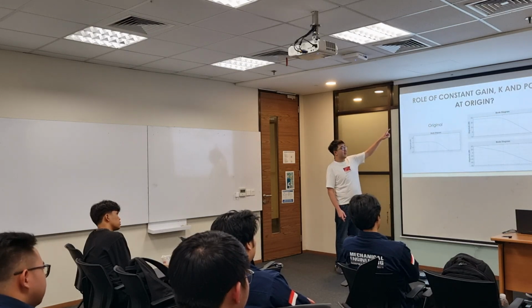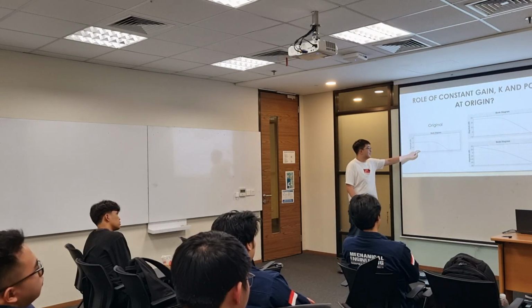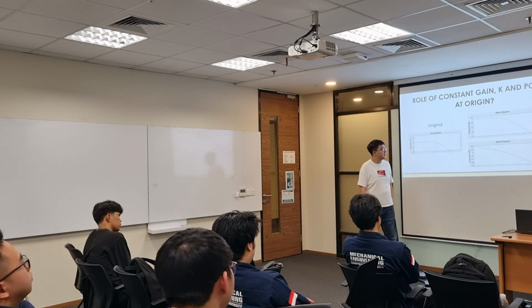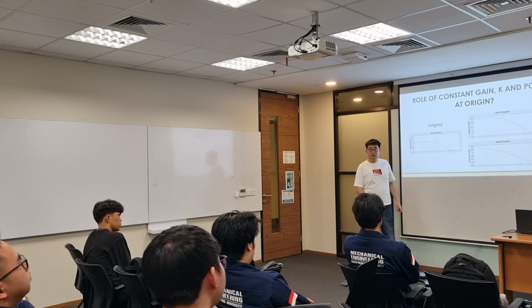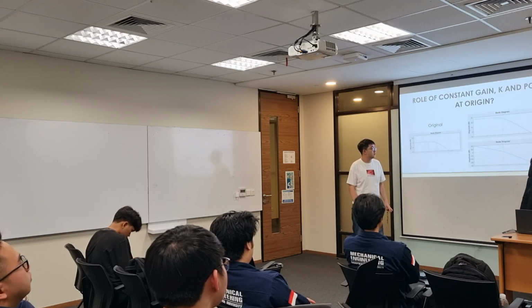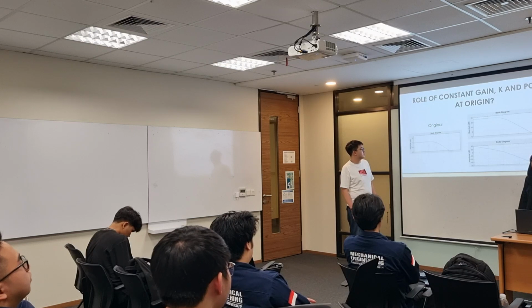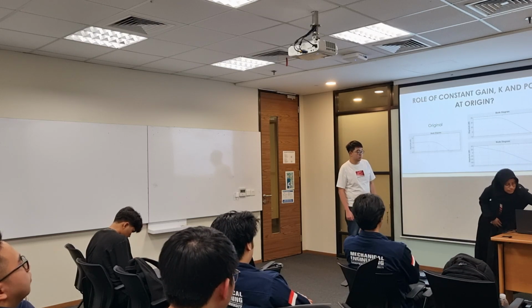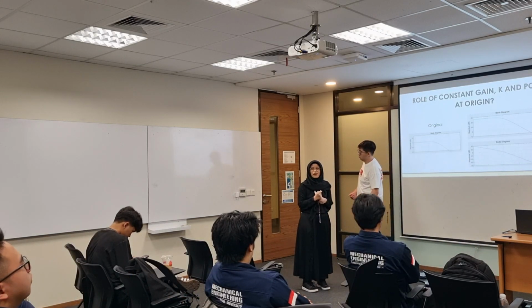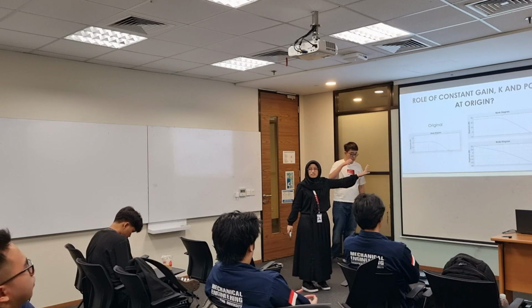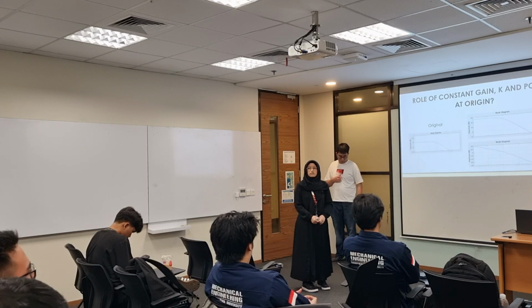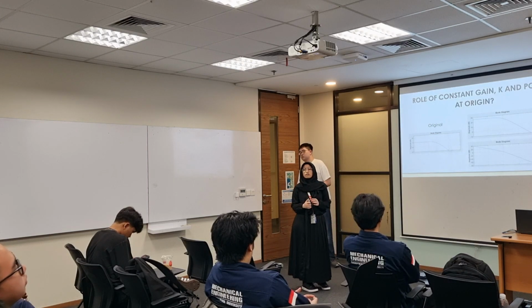So this is the role of constant gain K and poles at origin. This is the original Bode diagram. It starts from 0 and goes downward toward the negative direction. The transfer function is 1 over s plus 1. I want to illustrate how the K and the pole will affect it, so not yet deriving.